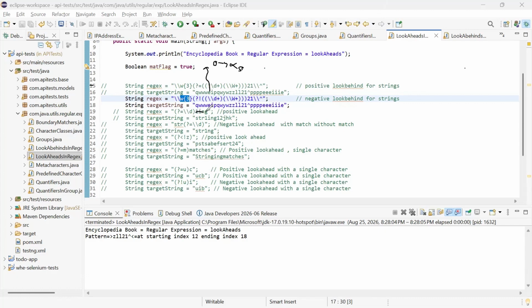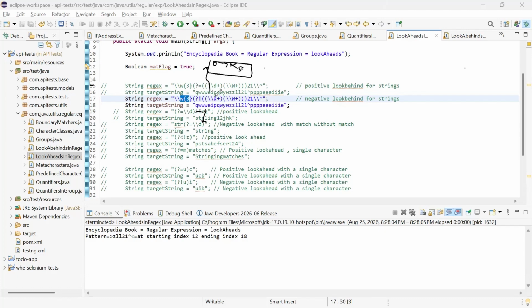So you see, we don't have the range of numbers here. We have W here, and also we don't have special characters here. So here we have got the match at this index.